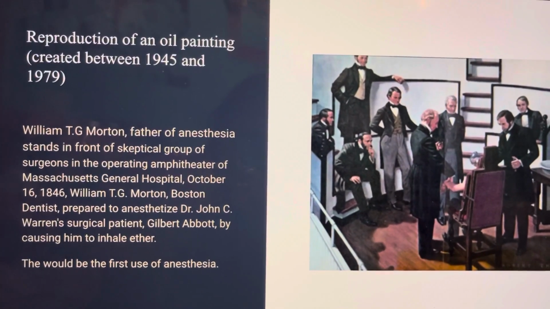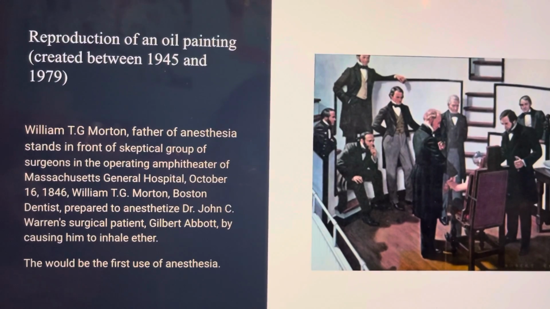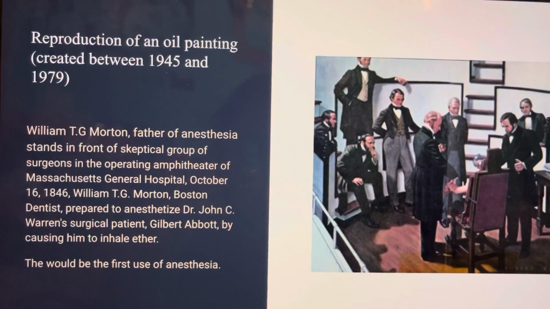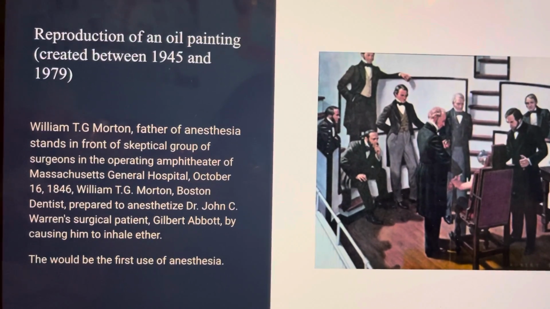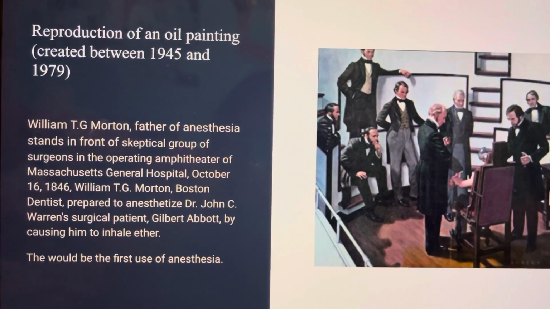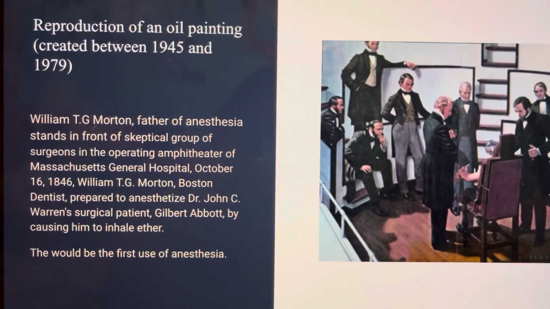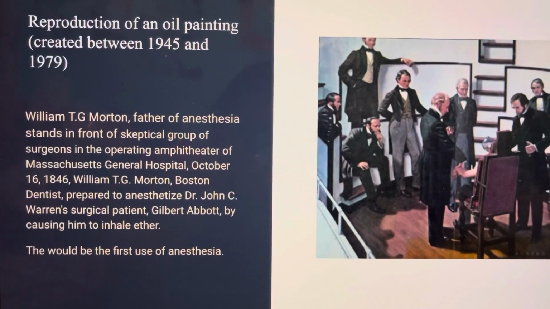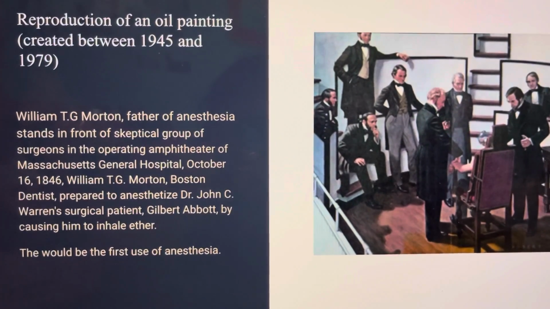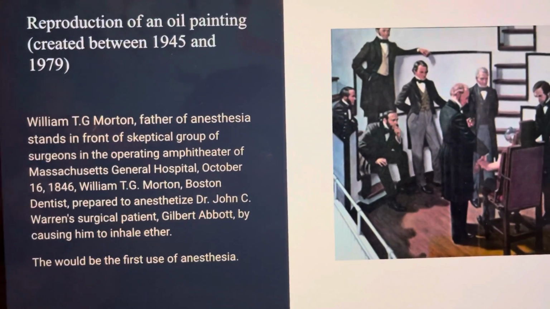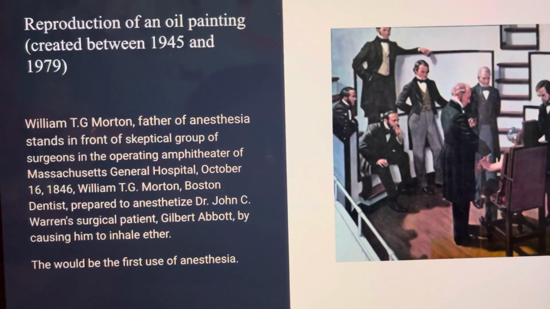It shows William T.G. Morton, who is known as the father of anesthesia, standing in front of a skeptical group of surgeons in the operating theater. I guess it's where surgeries and things are done. This was done in Massachusetts General Hospital.